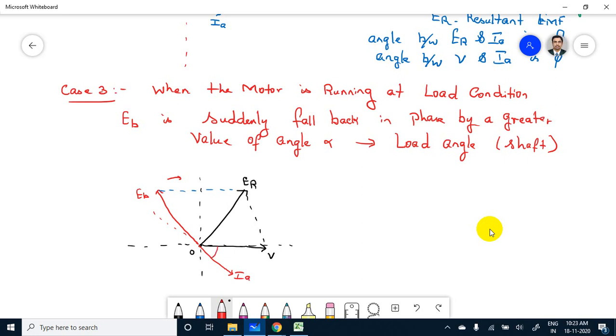The angle between armature current and V is phi, the angle between ER and V is theta, and the angle between this normal back EMF, this dotted line, and this one will be total alpha. When the motor is running on load conditions, there will be a sudden drop in the armature current. This line will be IA into ZS, which is nothing but the impedance drop.